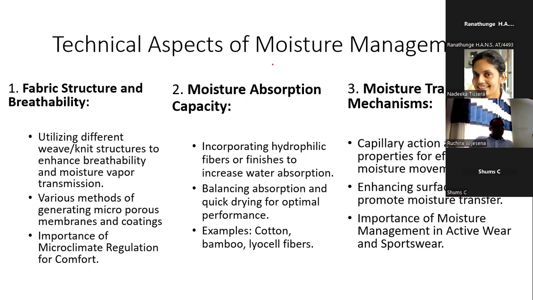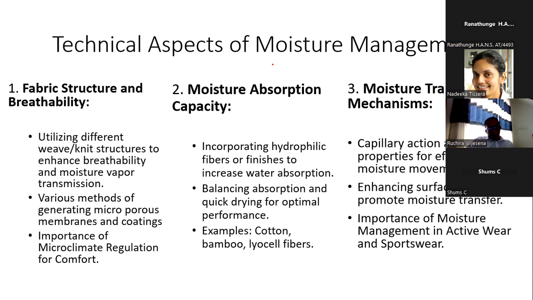Now this moisture transportation can happen through different mechanisms. You can have the capillary action. Capillary action means that due to the surface tension, the water molecules get transported from one area to the other, from the high concentrated area to the low concentrated area. And then there's the wicking. Wicking basically works with different models.